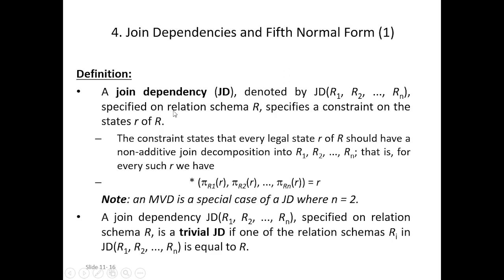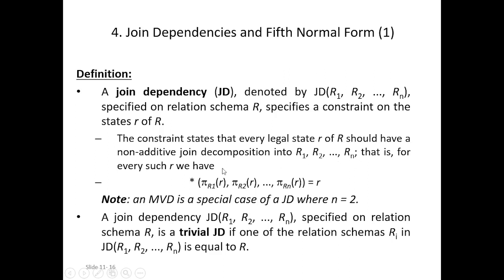A join dependency, you can call it JD, is denoted by JD(R1, R2, etc., Rn) specified on a relation schema R. It specifies a constraint on the states r of R, and the constraint states that every legal state r of R should have a non-additive join decomposition into R1, R2, etc., Rn.